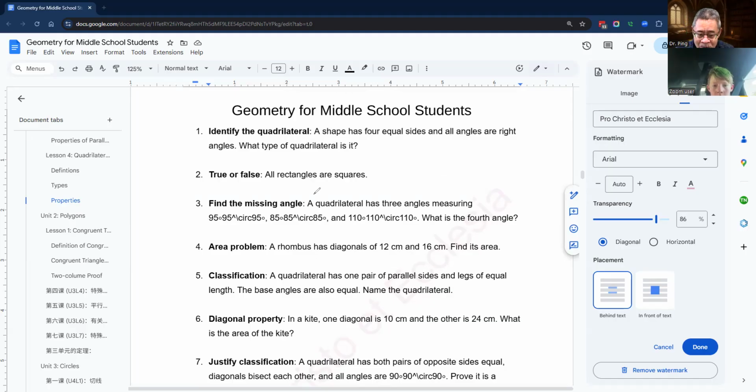Okay, a quadrilateral has three angles measured. One is 95 degrees, one is 85, the other one is 110. So what is the fourth angle? So remember, when we add all the interior angles together, that equals a fixed value.